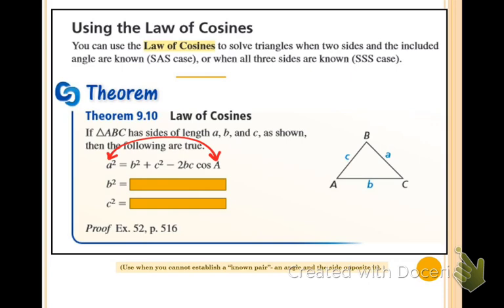A squared and c squared minus 2ac cosine of angle B. So again, it's the same pattern. These 2 match as well as these match. And the same thing with c squared. This one has a little bit more algebra to it, and I'll explain that when we get there.